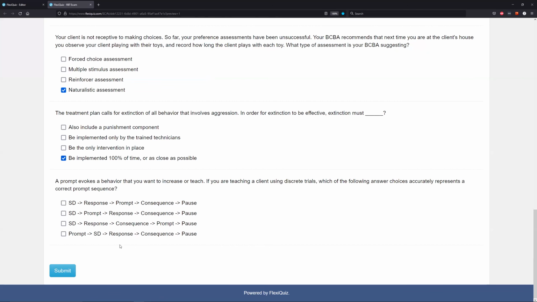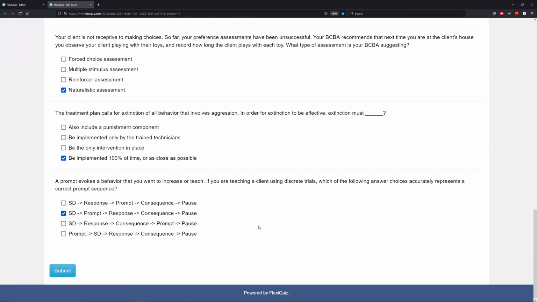So we can immediately eliminate C. That leaves us A, right? The prompt comes before the response. So A and C are out. That leaves us with B and D, okay? So does the prompt come before the SD or after the SD? The prompt comes after the SD.